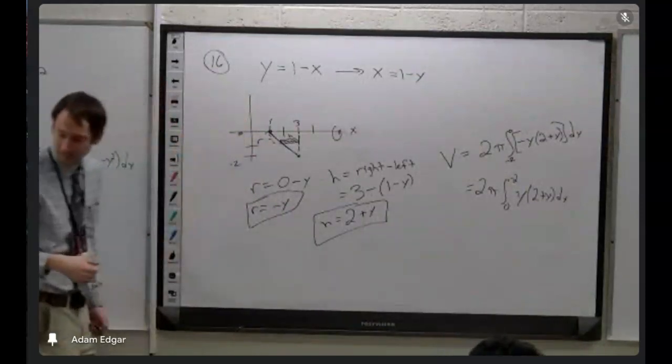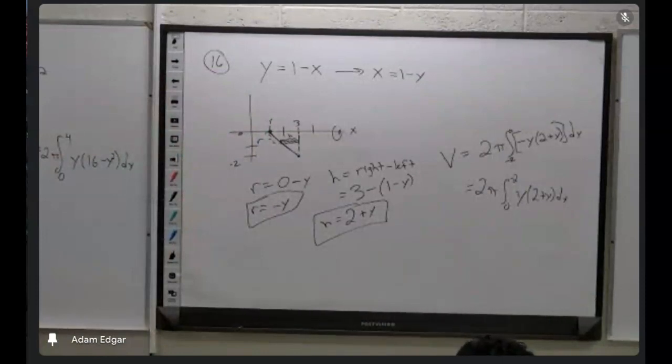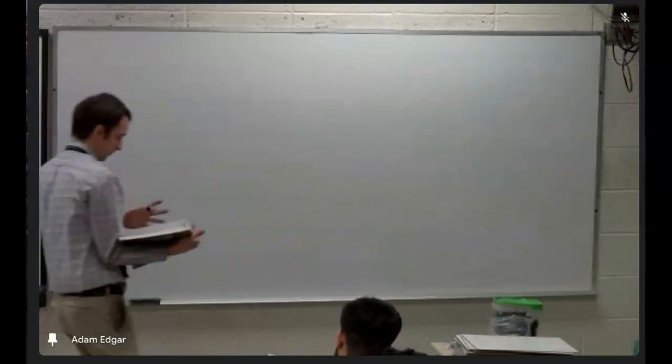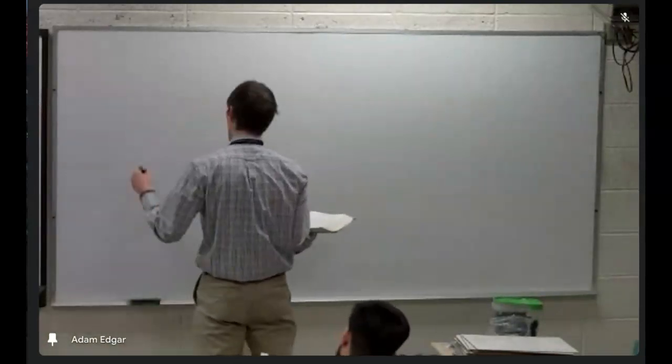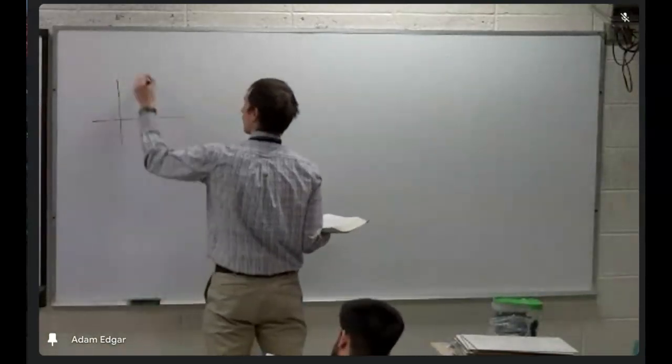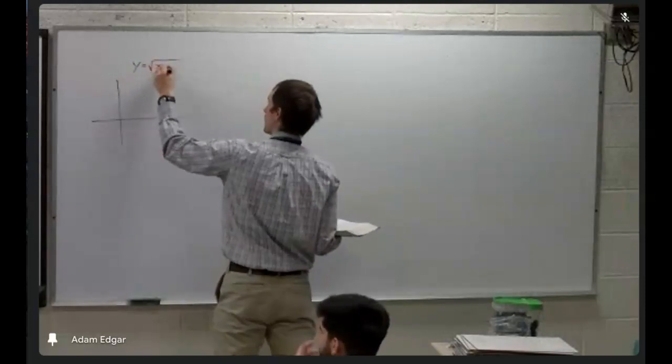For 11, we were rotating around the y-axis. For 11, we have y equals absolute value of x minus 2.